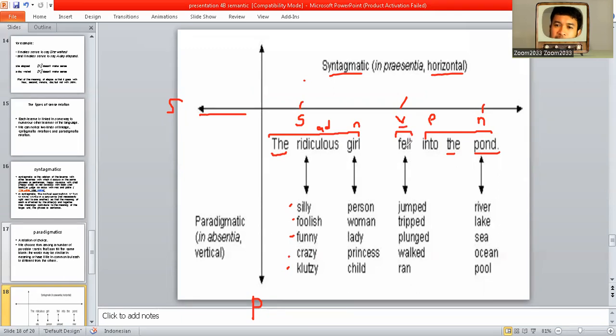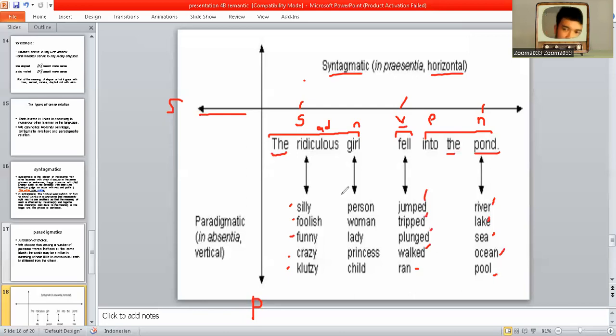So we find other verbs, such as jump, trip, plunge, walk, and run, in past tense. So what about into the what? Take a look at the noun itself. River as a noun, lake as a noun, sea as a noun, ocean as a noun, and pool as a noun.